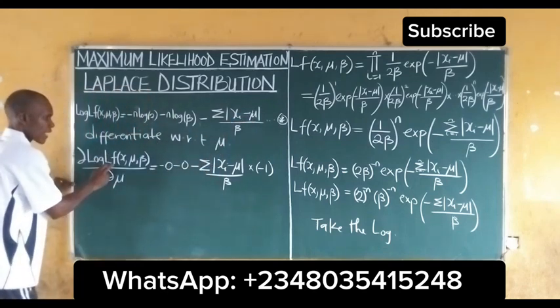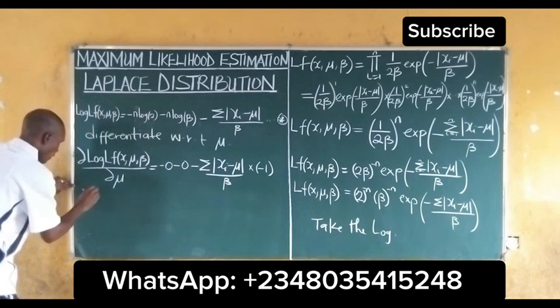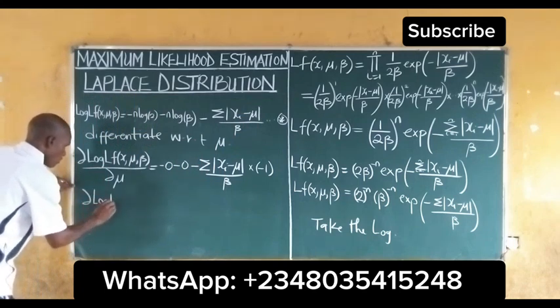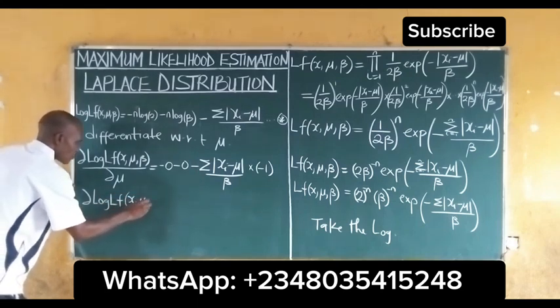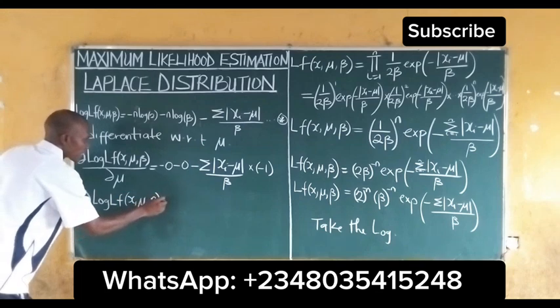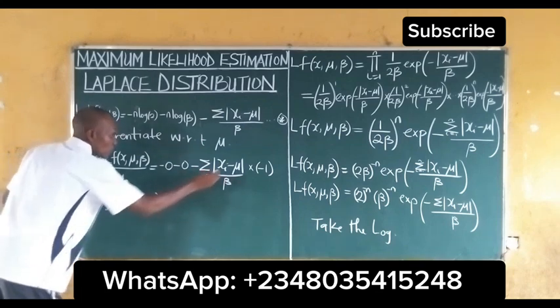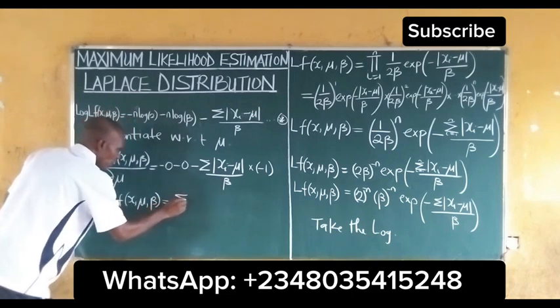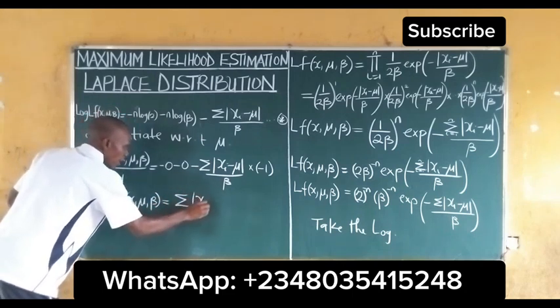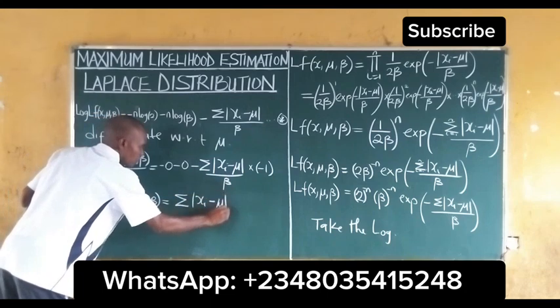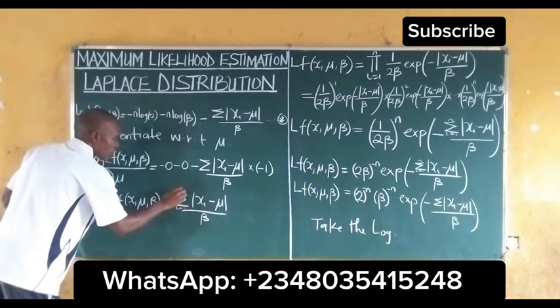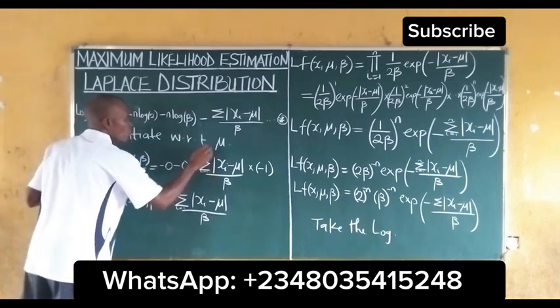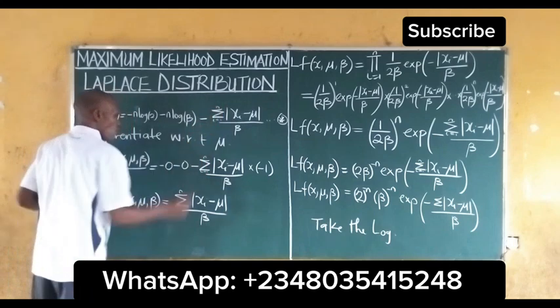So it then means that the derivative of the log likelihood function of x, mu, beta is equal to the summation of the sign of xi minus mu all over beta, as i runs from 1 to n.